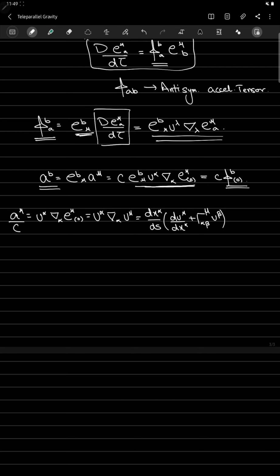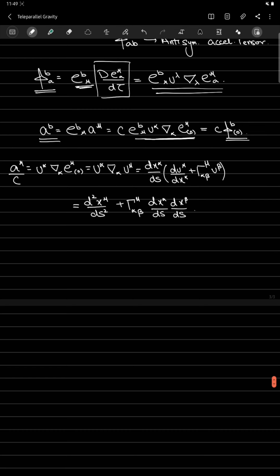Where again this is your covariant derivative, and then this thing is equal to the double derivative d 2 x mu over ds squared plus your Christoffel connection alpha beta dx alpha over ds dx beta over ds. Wow, okay, so hopefully you did not get lost in the index gymnastics, I would say.